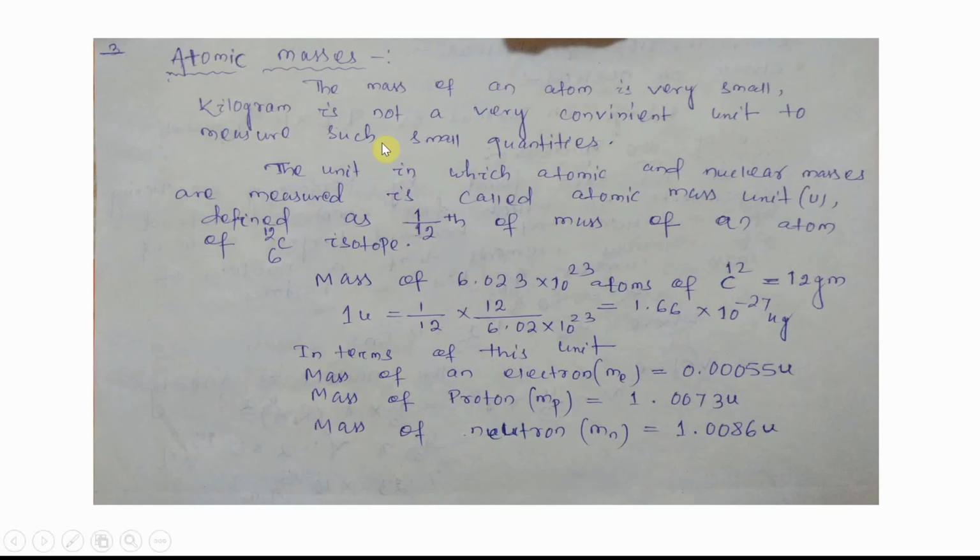What are atomic masses? When we want to measure a heavy amount of substance, we use units like kilogram and gram. For an even bigger quantity we use quintal, ton, etc. But when we want to measure a very small quantity, such as the nuclear mass or the mass of an atom, kilogram is not a convenient unit.